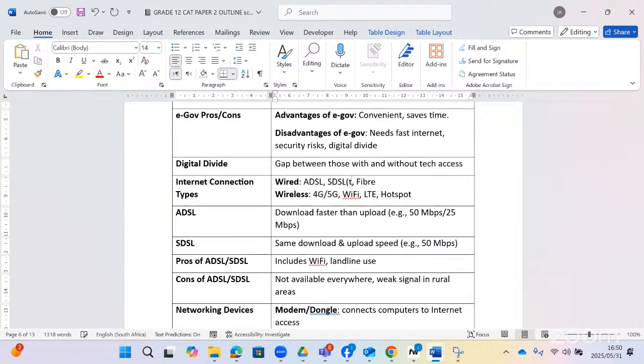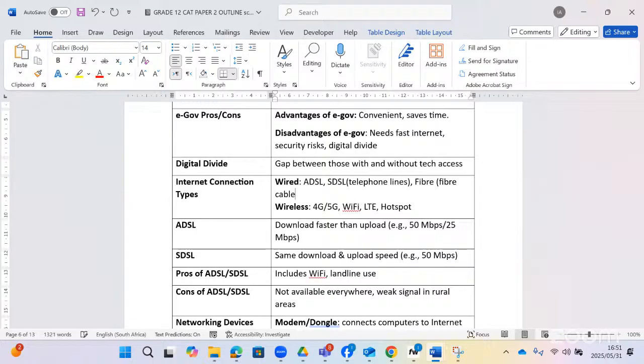So it's a type of internet connectivity that uses telephone lines, and these ones use fiber cable. Then SDSL, in that situation, the upload speed and download speed are the same, but ADSL, the download speed is faster than upload speed. Right, so you need to know them as well.